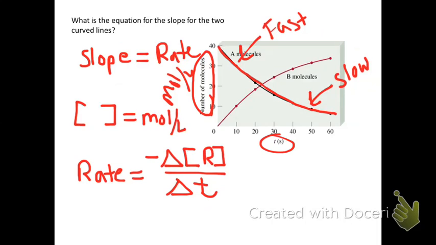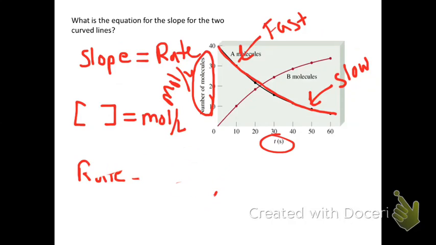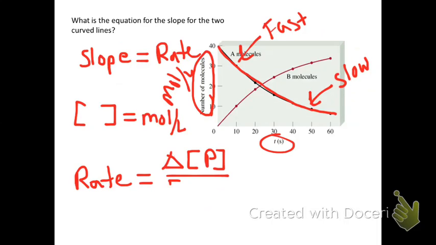Now what about the products? I'm going to erase this a little bit and do the products now. So for the products, we should see the rate is equal to the change, we got to use a triangle, change in concentration of the product over the change in time.